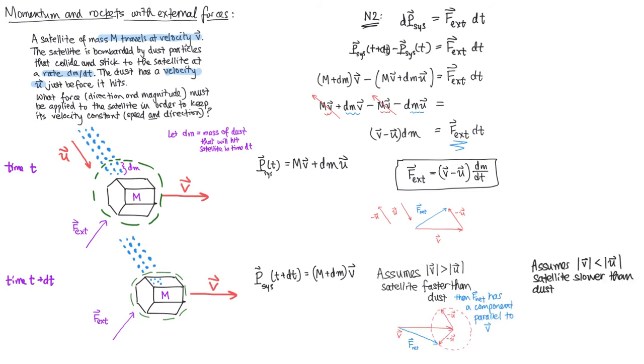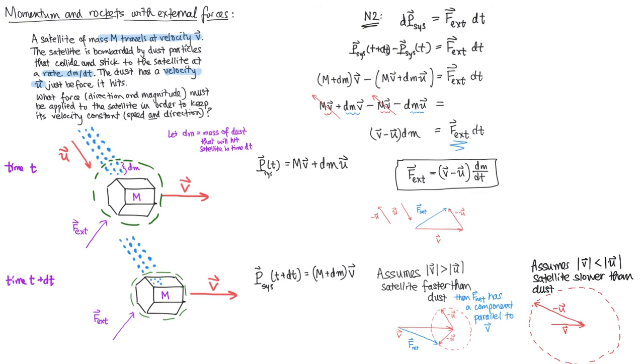In that case, we will see a small magnitude velocity for the satellite, and a larger magnitude for the dust. And we're going to get a circle of radius u's magnitude.